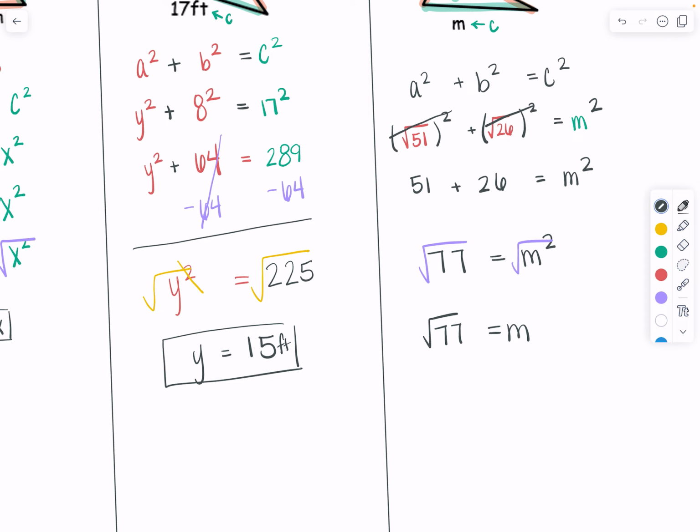You could leave that as the square root of 77, but you could also simplify that to the decimal version and give me 8.774. So that would round off to 8.77, and all of that is correct. Either of those answers are right for the distance of the hypotenuse.